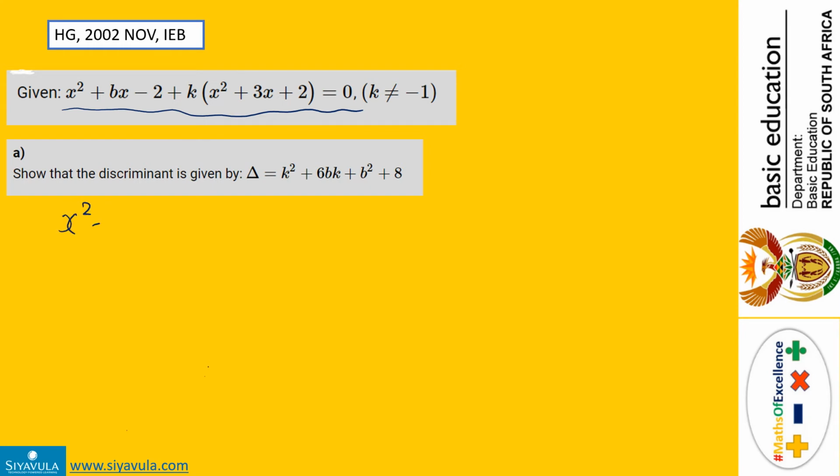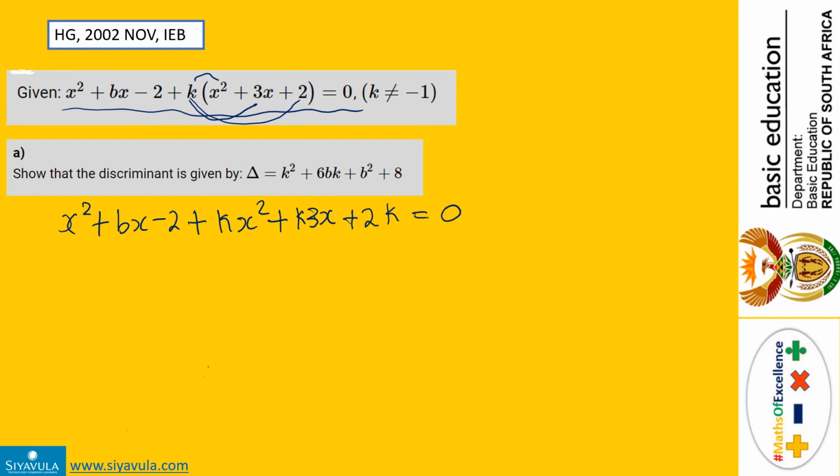It's x squared plus bx minus 2 plus, we remove the brackets by k times x squared, it will be kx squared, then k multiplied by 3x, it will be k3x, then k multiplied by 2, it will be 2k, being equated to 0.